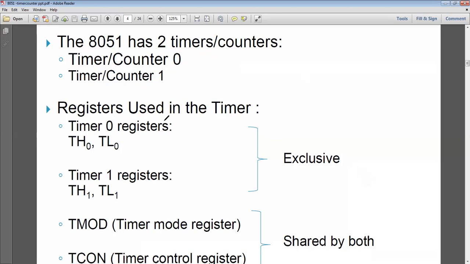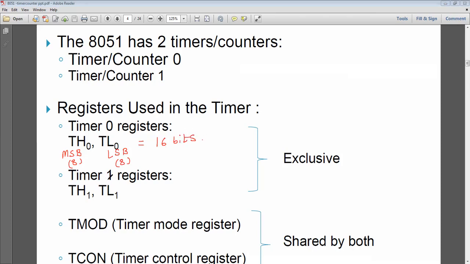Registers used in the timer are the timer 0 registers, which are again divided into TH0 and TL0. Basically TH0 is the most significant byte of timer 0 and TL0 is the least significant byte of timer 0. The MSB part is 8 bits and the LSB part is also 8 bits, so altogether the timer 0 register forms a 16-bit register.